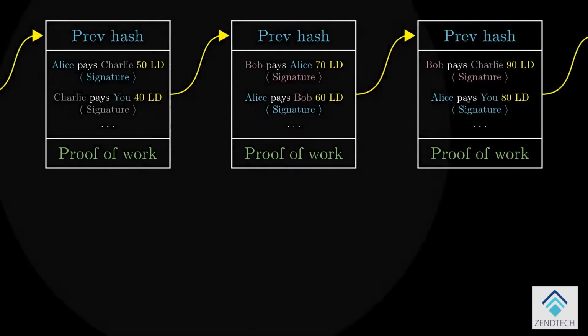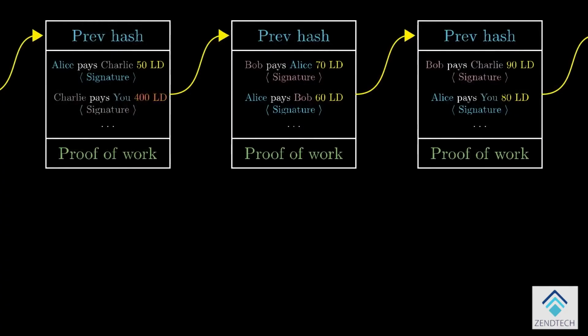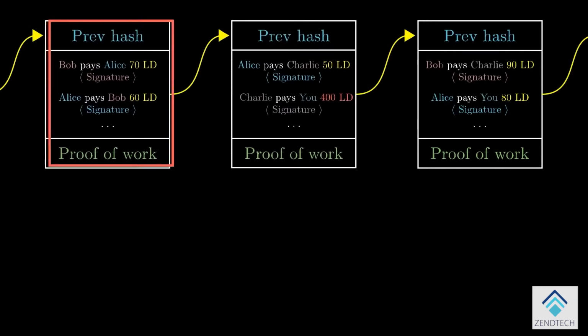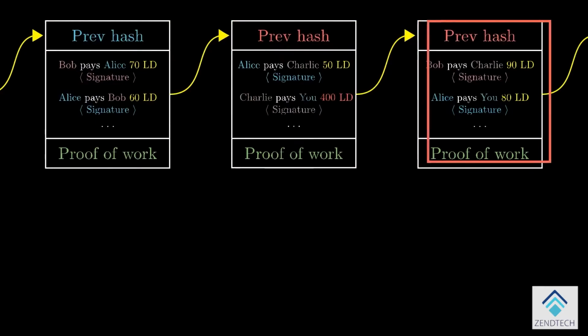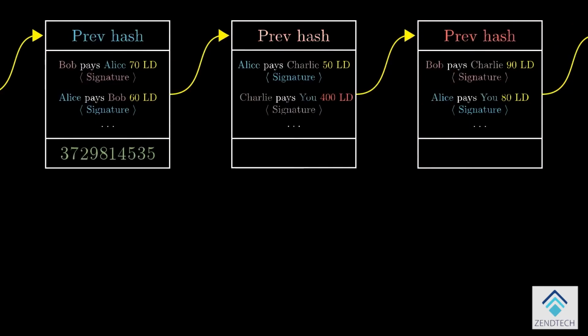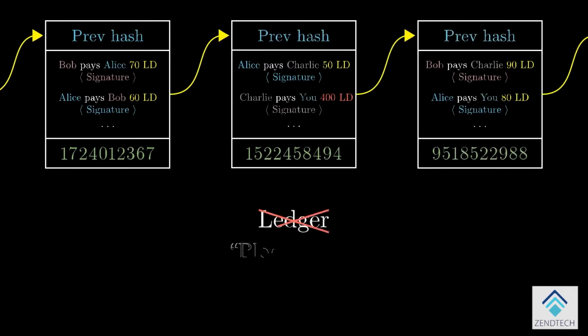That way, if you were to go back and change any one of the blocks, or to swap the order of 2 blocks, it would change the block that comes after it, which changes that block's hash, which changes the one that comes after it, and so on. That would require redoing all of the work, finding a new special number for each of these blocks that makes their hashes start with 60 zeros. Because blocks are chained together like this, instead of calling it a ledger, it's common to call it a blockchain.